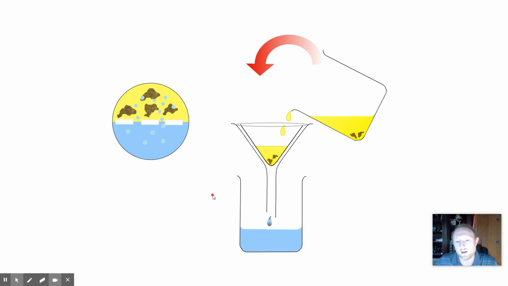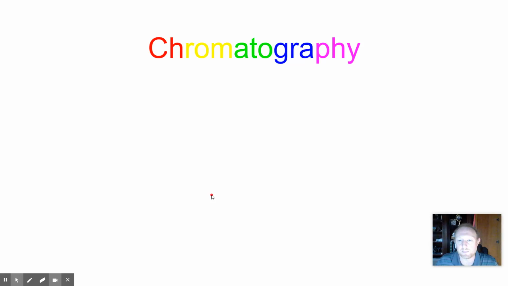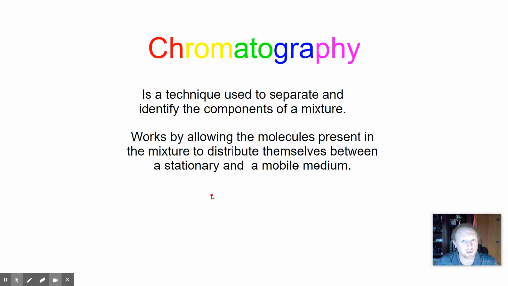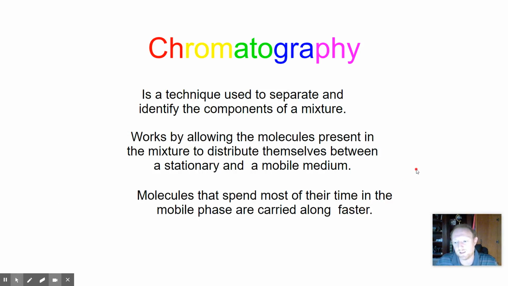Again, a very common everyday example of this would be a coffee maker. Other examples of separations are things like chromatography. Chromatography is based on movement of particles. So you have a mixture, and the particles will physically move along a mobile and stationary medium. And the faster moving particles will outrun the slower moving particles.